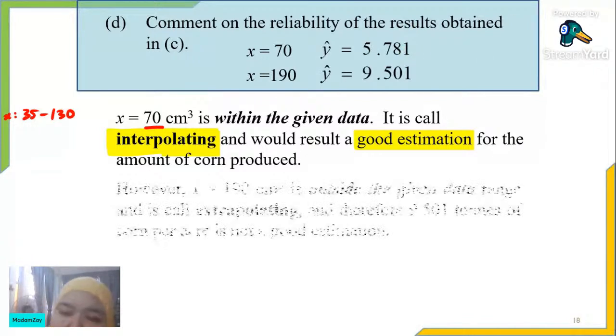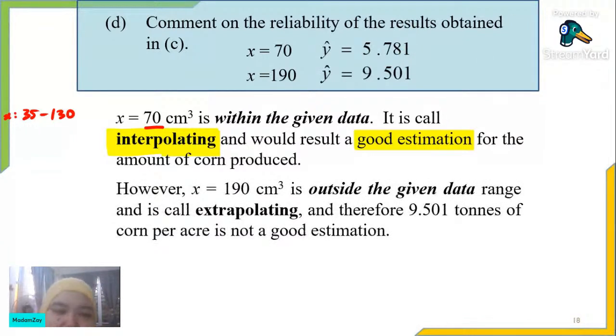But for X equal to 190. Is 190 in this range? It's outside, because our highest is 130. 190 is bigger than 130. So we can say it's outside the given data. 70 is within the given data. The difference is this one is within and this one is outside the given data range, and it is called extrapolating.